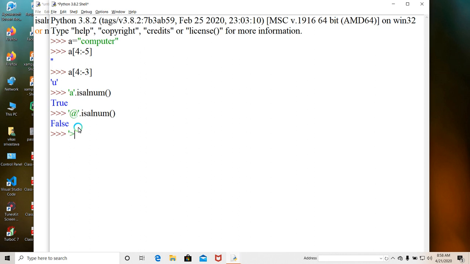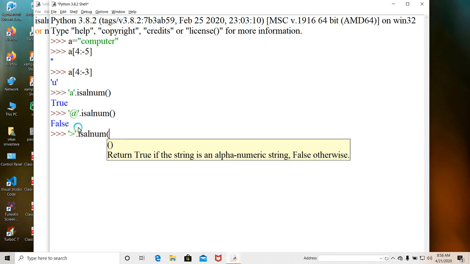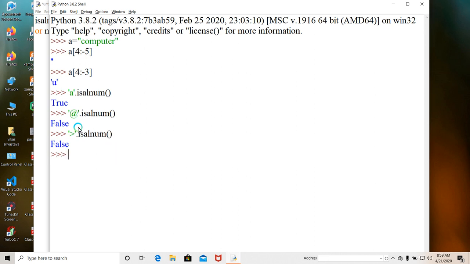For example, I have taken this one, isalnum. Alphanumeric means it has to be either an alphabet or a number, otherwise it returns false. If we write here A isalnum, it returns true.